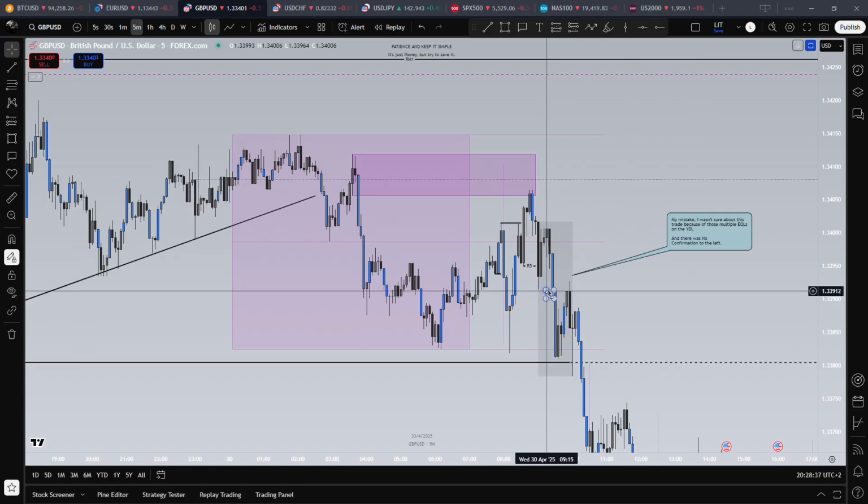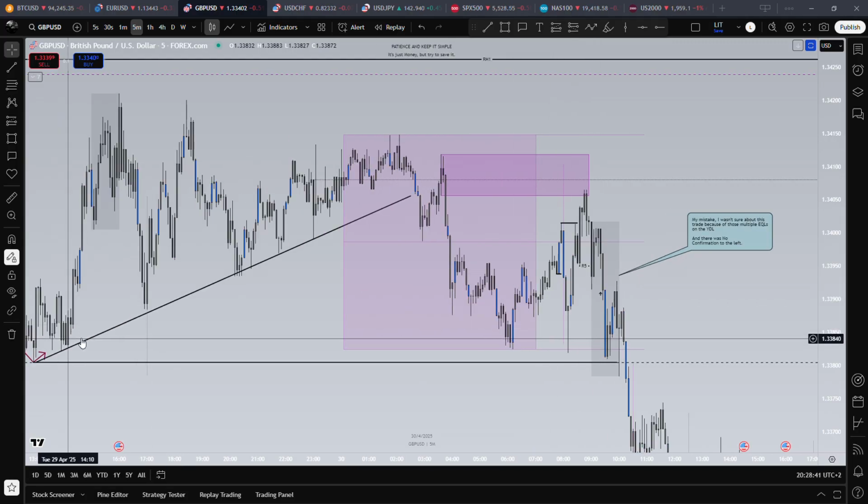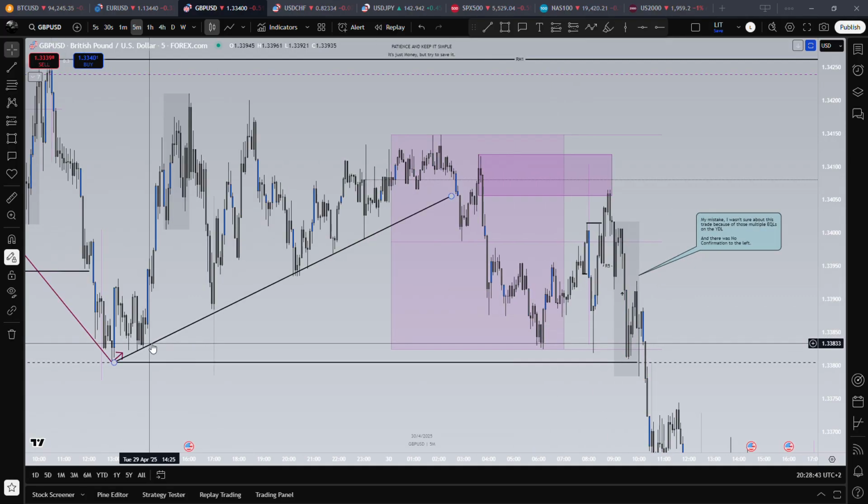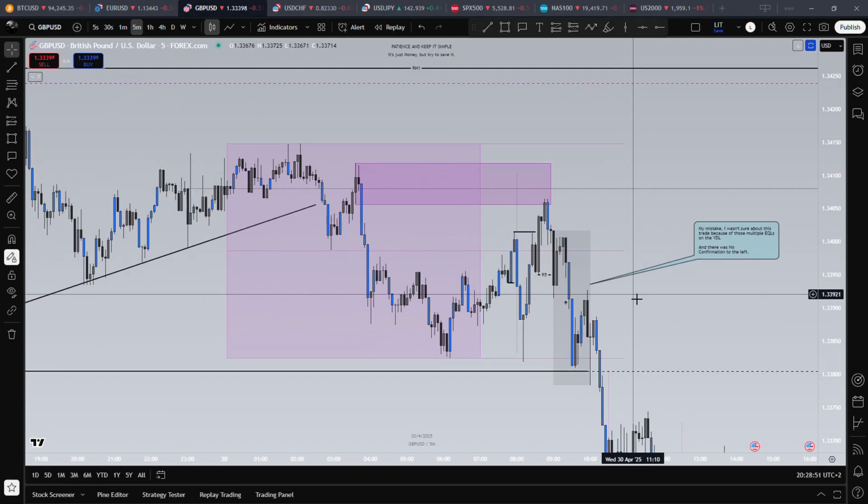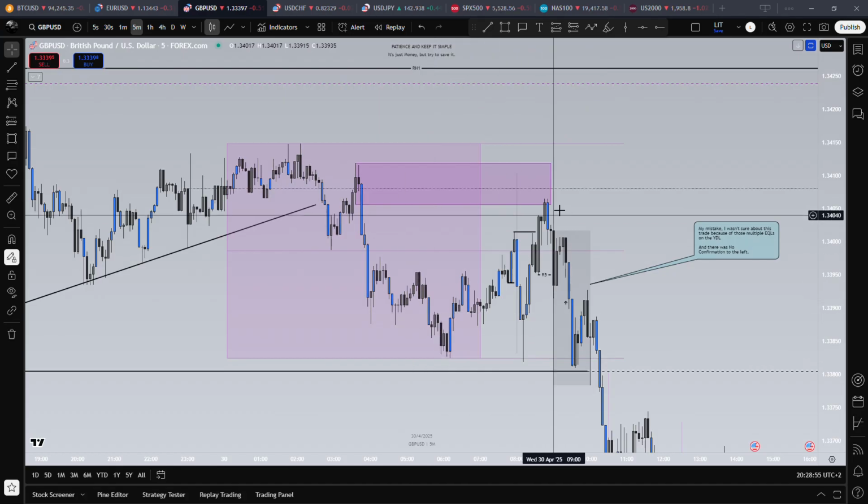The mistake is that I don't really have anything to the left. So I never took this low that broke the structure. This low was already broken, so I had nothing to the left to explain a buy from here.